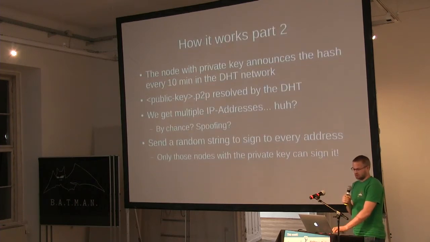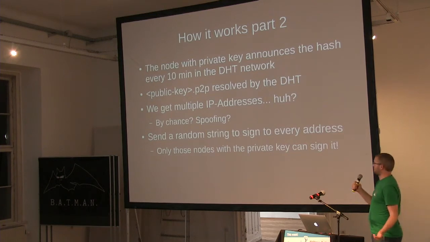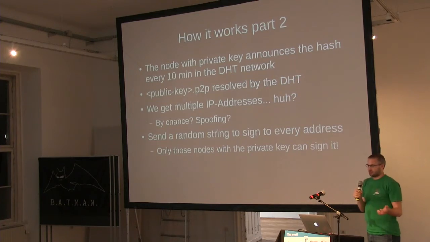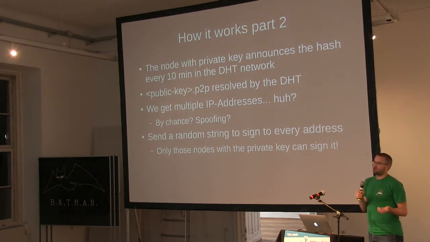Okay. So what basically happens is, I have a public key, I use the DHT, the BitTorrent network, to resolve it to a few IP addresses, and the other KadNode instance somewhere has a private key and can answer challenges. So the authentication works in that way.